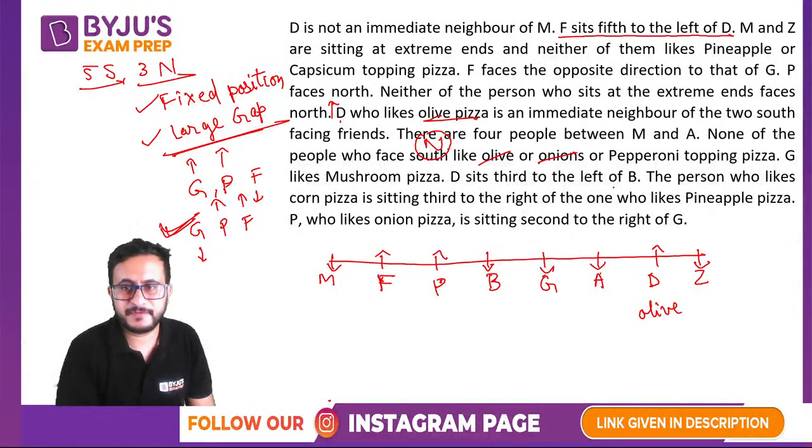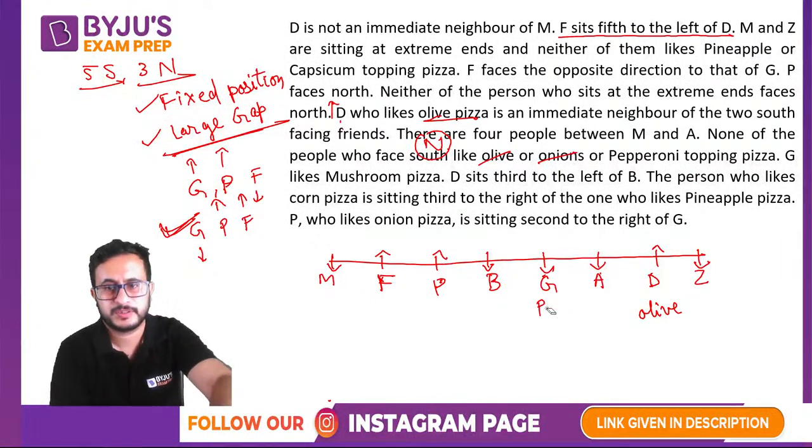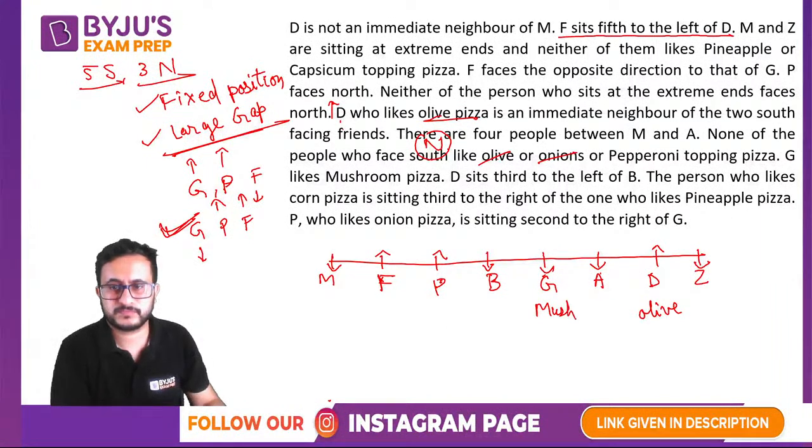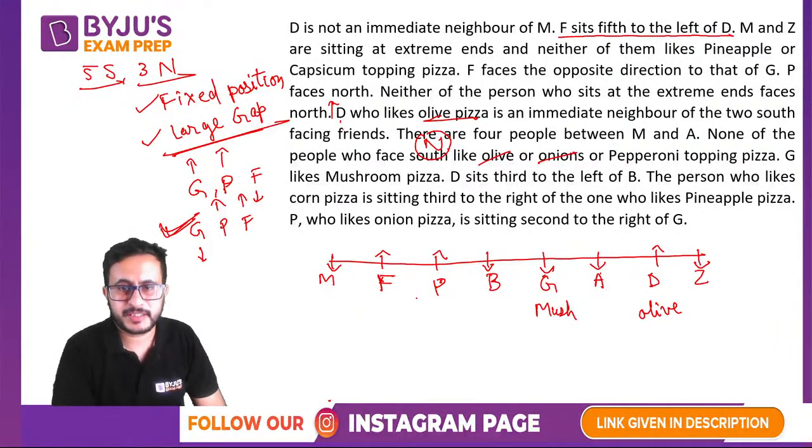Now we will put the toppings also, cheese, mushroom. P is onion. P likes onion, and the third person is pepperoni, right? So F is pepperoni.